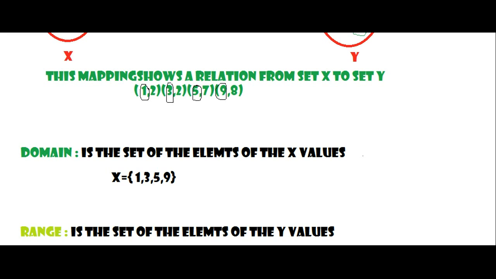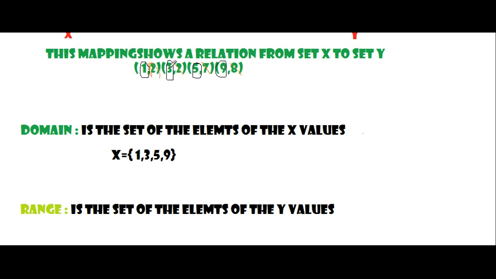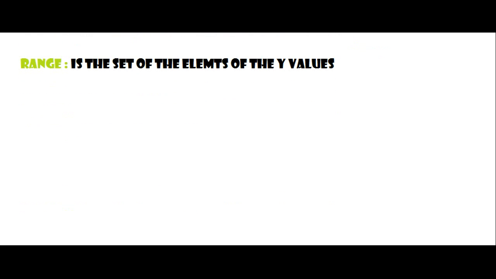So if you see the figure again, 2, 7 and 8 are the second elements of the ordered pairs. As 2 is repeated here and here, we'll write it only once. 2, 7, 8 will be the set of range. Let it be y equal to {2, 7, 8}. So we have learned what is domain, what is range.